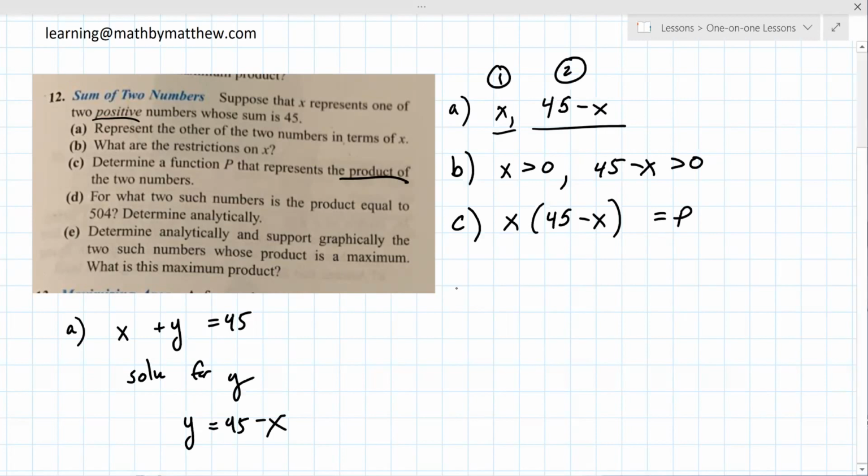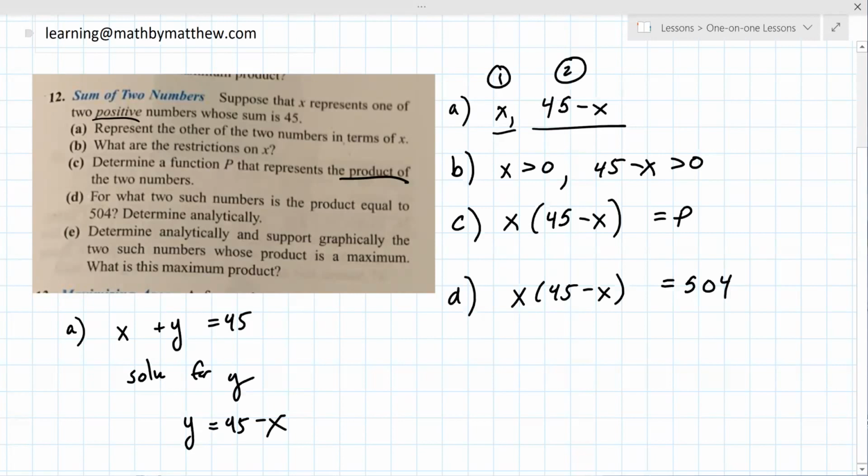All right, for part D, you want to set this product equal to 504. So x times 45 minus x equals 504. And then we determine analytically.